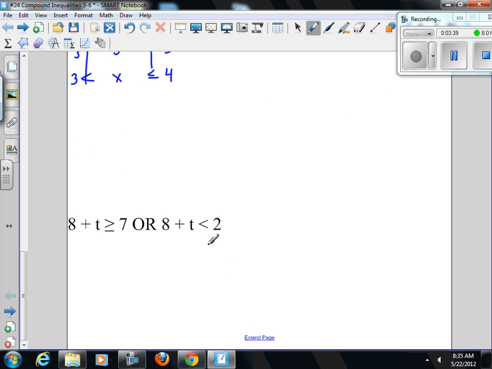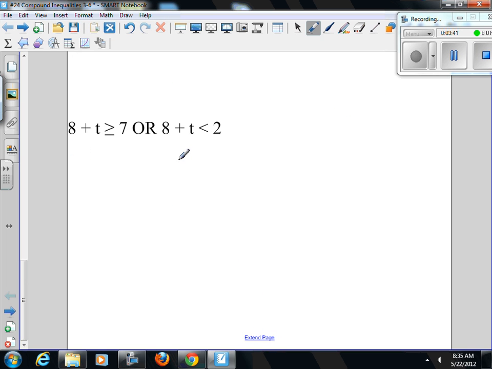Now this next one, an OR. Whenever you have an OR involved, you just have 2 separate inequalities to solve the way you normally would. So you have 8 plus t is greater than or equal to 7. You're going to solve that. And then you're going to solve 8 plus t is less than 2. It's just like having 2 problems. So in the first one, we subtract 8 from each side. So we have t is greater than or equal to -1. On the other side, we subtract 8.